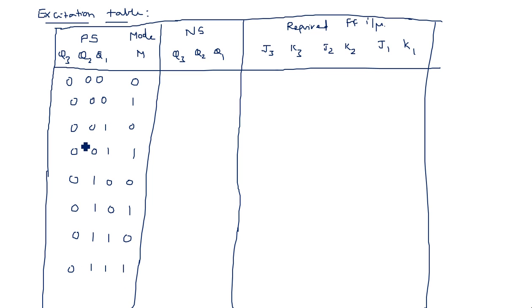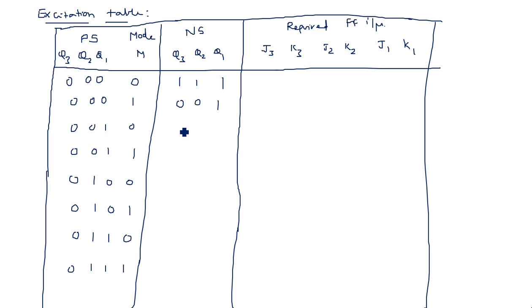We'll continue it in the next slide. Now, when mode is equal to 0, is it down counting or up counting? Down counting. So what is the down count for 000? The down count is 111. Again, for the same 000, when mode is equal to 1, up count, it is 001.